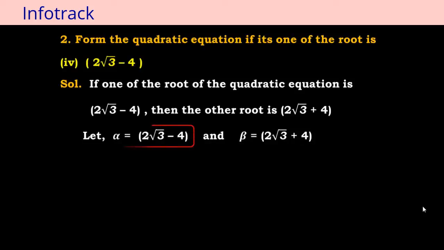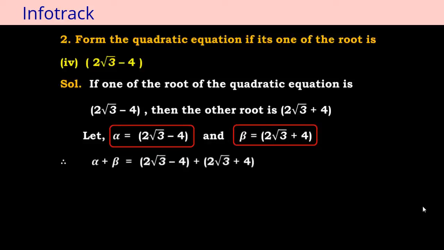So, this is the value of alpha, this is beta. Now, we can find alpha plus beta. 2 root 3 minus 4 plus 2 root 3 plus 4. So, minus 4 plus 4 get cancelled. 2 plus 2, 4. 4 root 3.